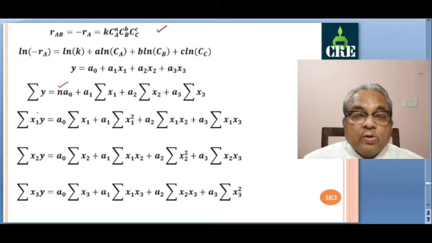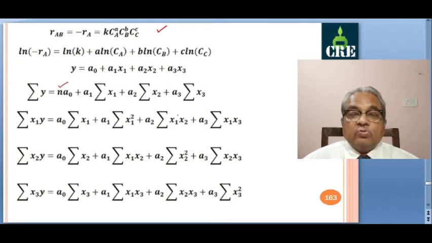Then we multiply this by x1, giving sigma x1 y. So all the terms multiplied by x1: A0 sigma x1, A1 sigma x1 squared, A2 sigma x1 x2, A3 sigma x1 x3. Okay, so these products.